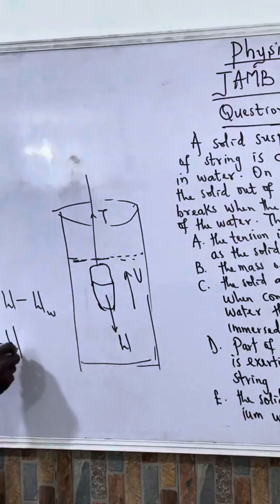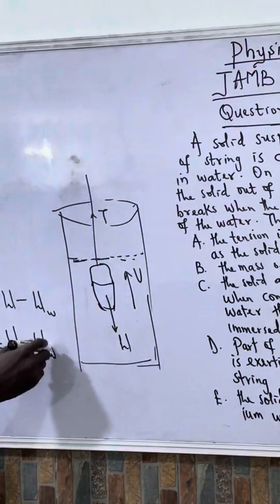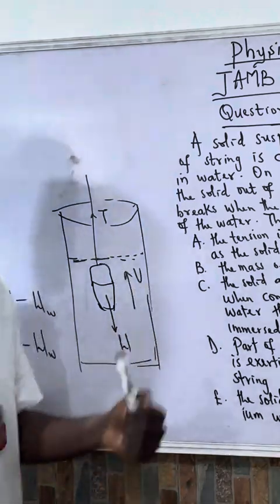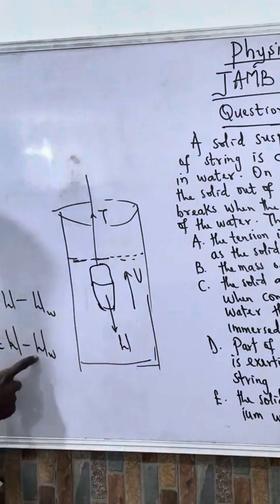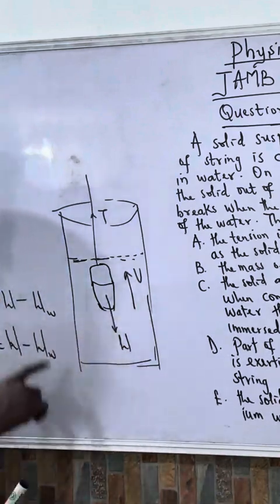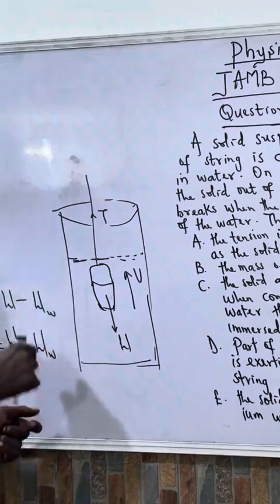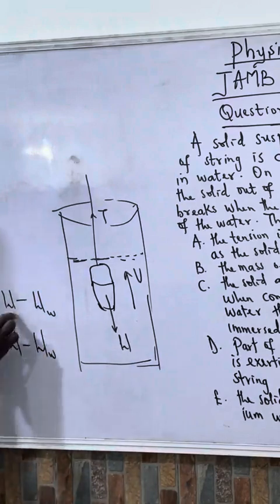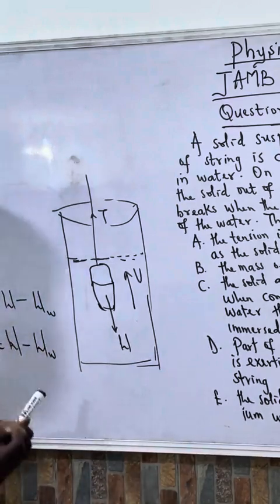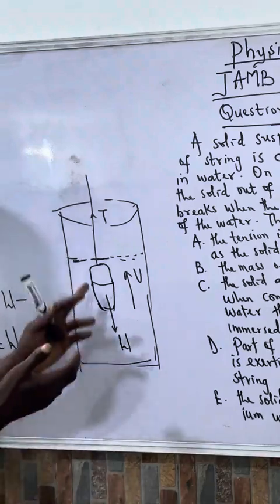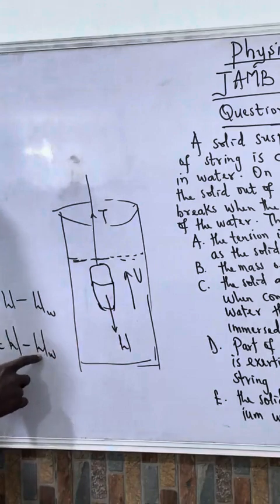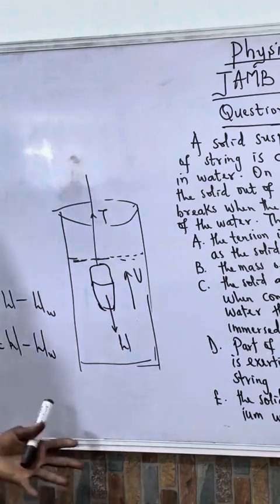So that means if you calculate the tension in the rope, it will now become more. The tension will be more because this weight has become less. When it was in water, this weight is more. So the weight of the object in water is large. That's why it feels lighter. But when it is outside the water, maybe partially or completely, this weight becomes less. So it means the tension will now increase.